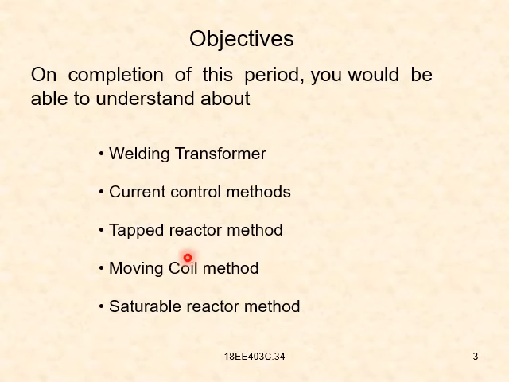So these are the things which we are going to see in this session. Please make a note of these topics so that we'll step into them one by one.